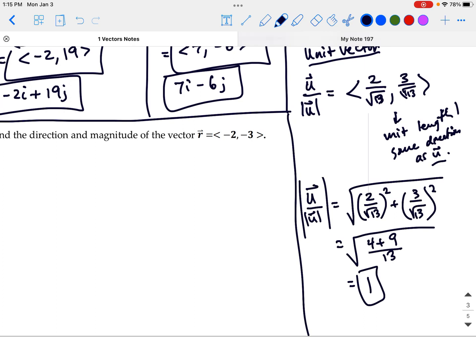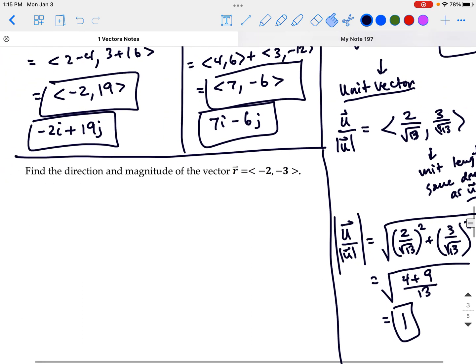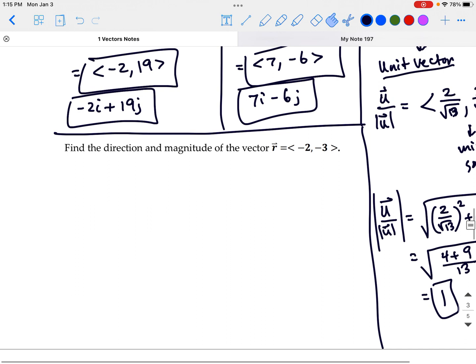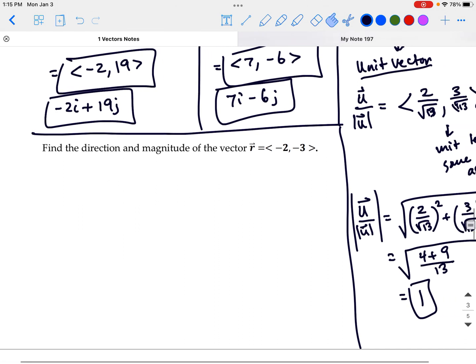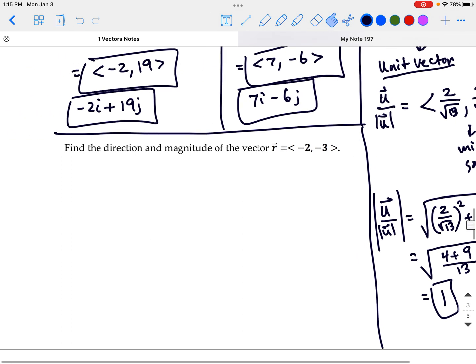So whenever we take a vector and divide it by its own magnitude, its length will become 1. So these unit vectors are going to be useful, especially when we get to the dot product. So something to maybe file away there for next time.